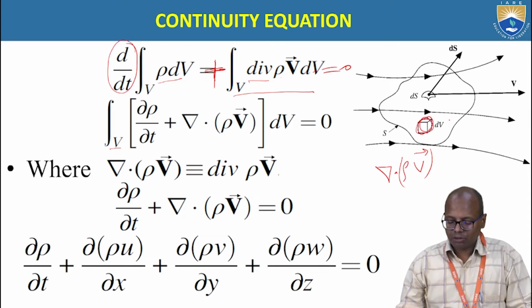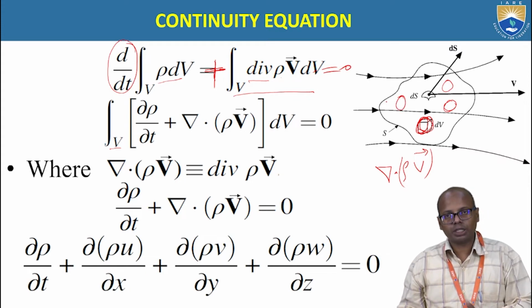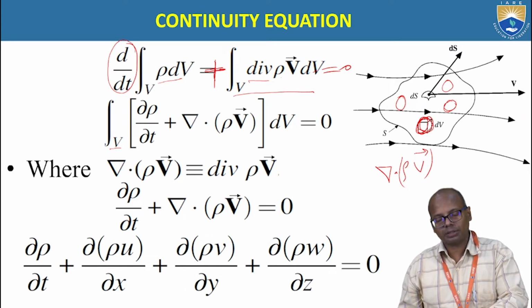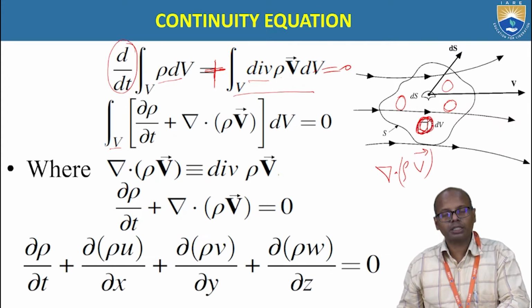The change in mass of the entire volume must be equal to the change in mass of this plus this plus this. So what I am doing, instead of differentiating the entire control volume mass, I am finding the change in mass of this small volume and integrating over the volume. So that is the meaning of bringing this d by dt inside.